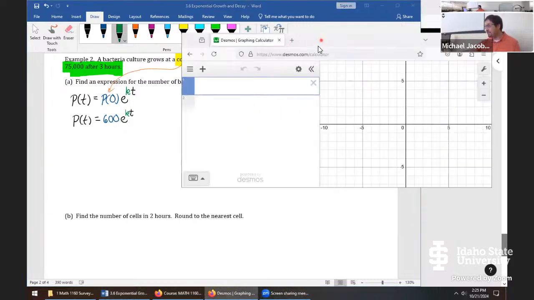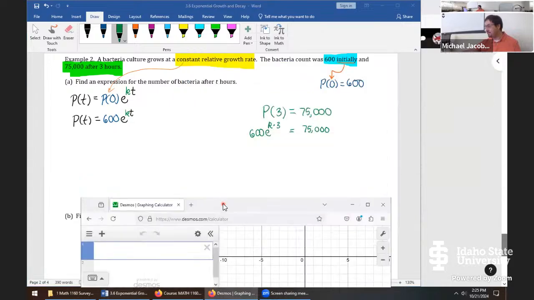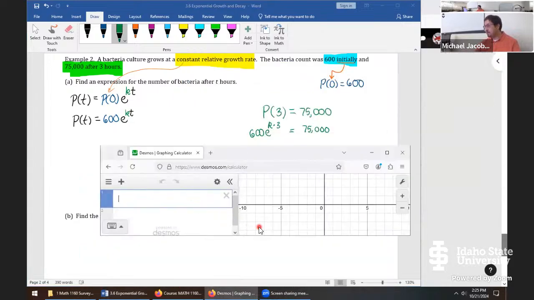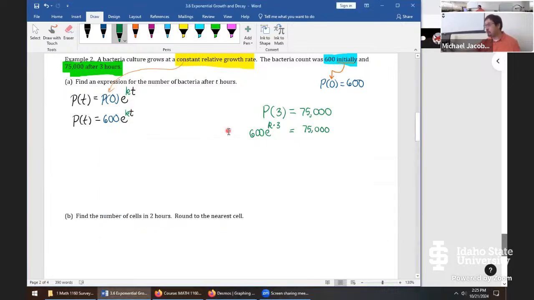So let's get our trusty calculator out. And we need 750. Sorry about that. 750 divided by 600 looks like an even 1.25. So e to the power of 3 times k is 1.25.